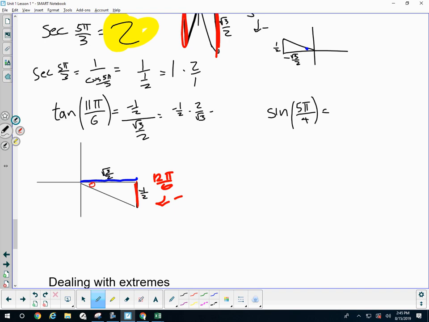This simplifies to be negative 1 over root 3. That is acceptable in this class for a free response question. You do not have to rationalize for free response. However, you may have to rationalize for a multiple choice question where you do not see this answer. I don't think that this is incorrect in any way. This is the correct answer.